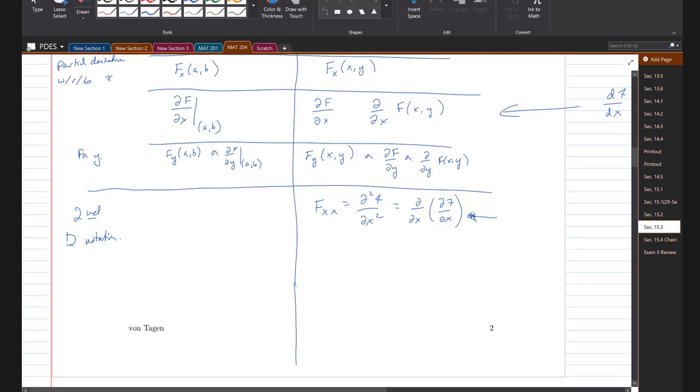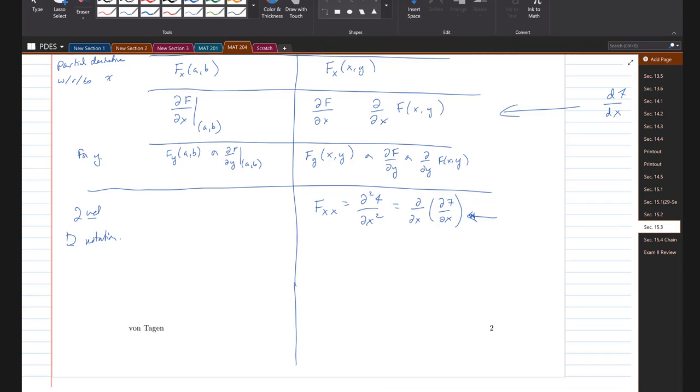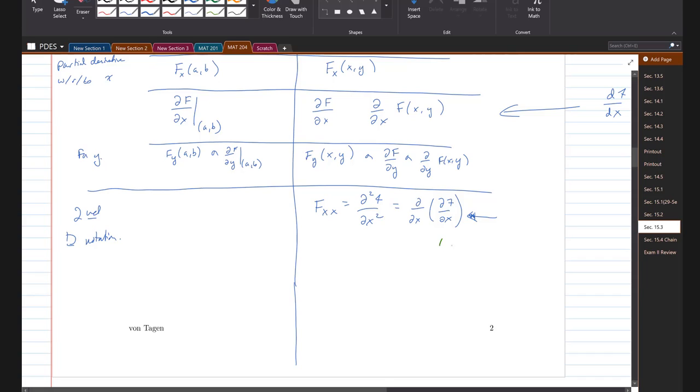This says take the partial with respect to x, then take the partial of the result, also with respect to x.